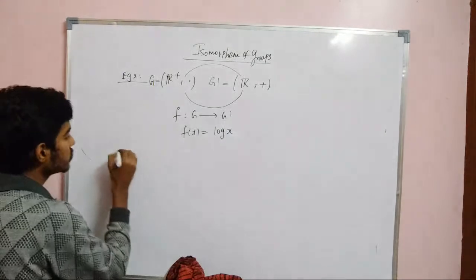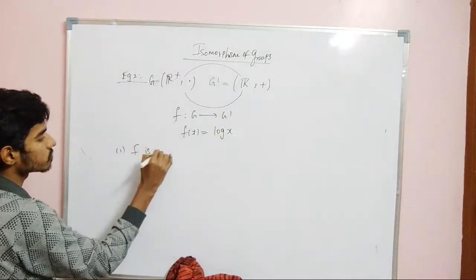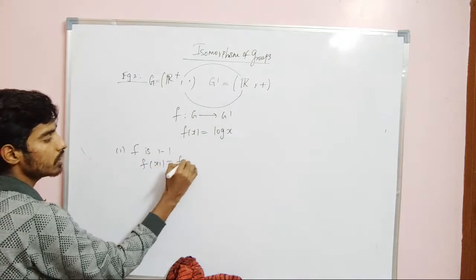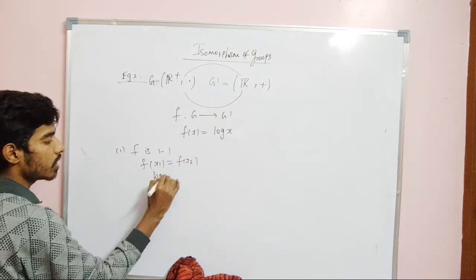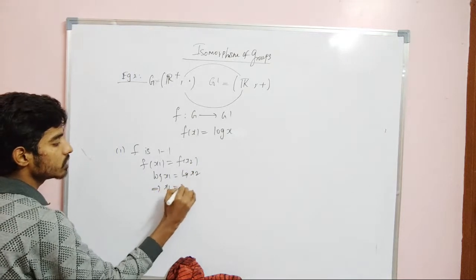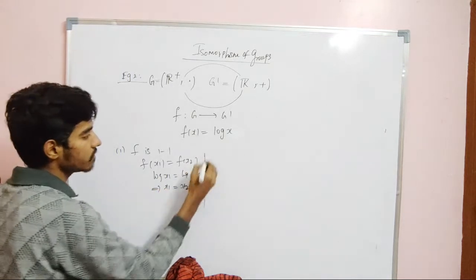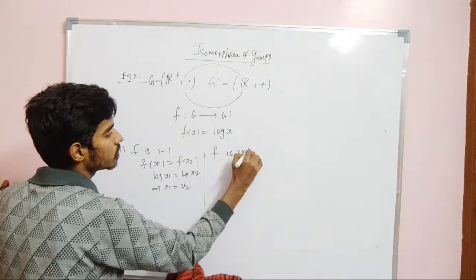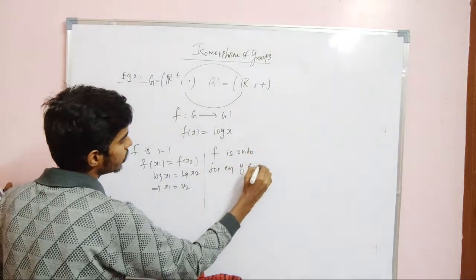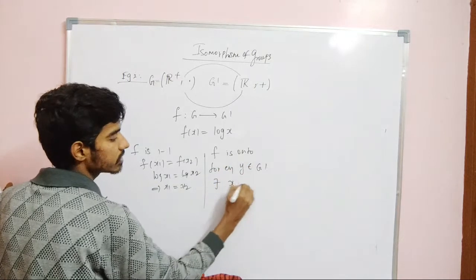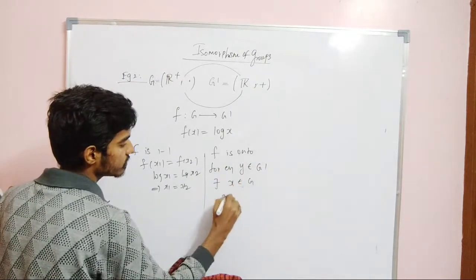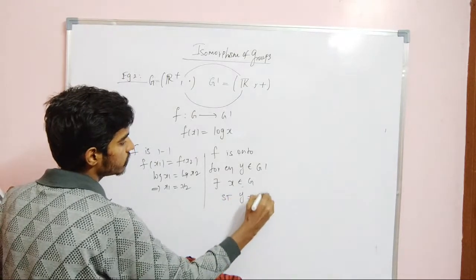So we need to prove this is one-one. So f of x1 is equal to f of x2, that is log x1 is equal to log x2. This implies x1 is equal to x2. Again f is onto, right? For every y in the codomain there exists x in the domain such that y is equal to e power x.